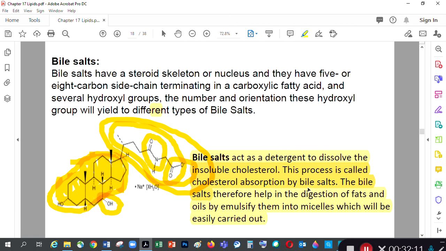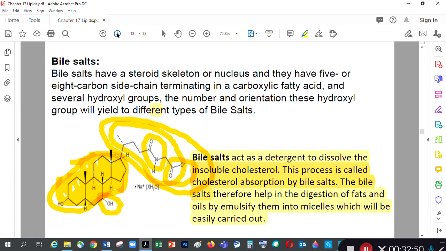So bile salts act as a solvent, dissolve insoluble cholesterol, and therefore help in the digestion of fats and oils by emulsifying them into micelles, which will then be carried out and gotten rid of. So what's the function of the bile salt? It helps the body dissolve cholesterol by cholesterol absorption and move it out of the body in a micelle type of structure.